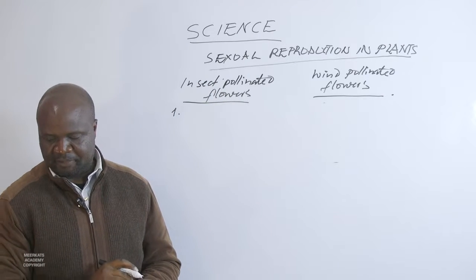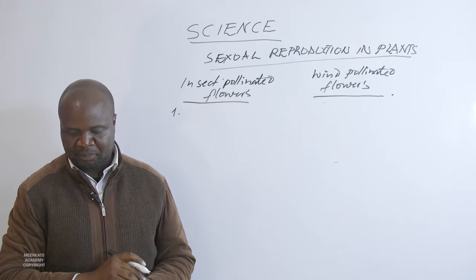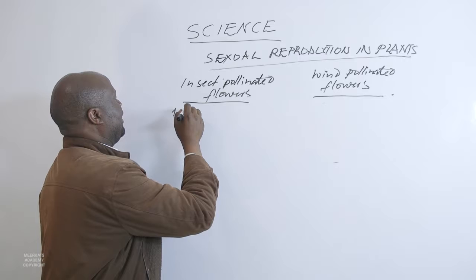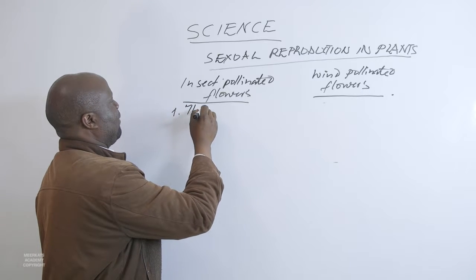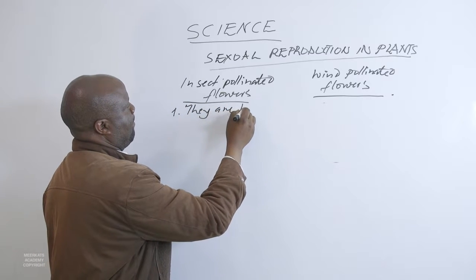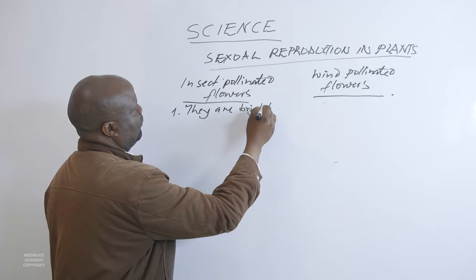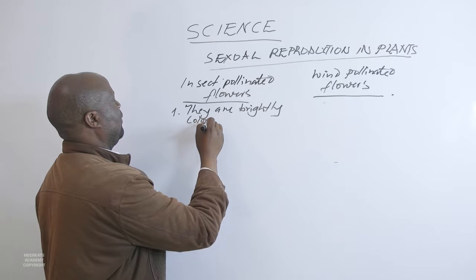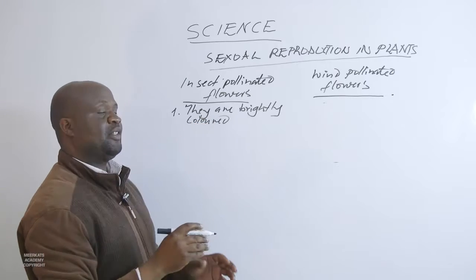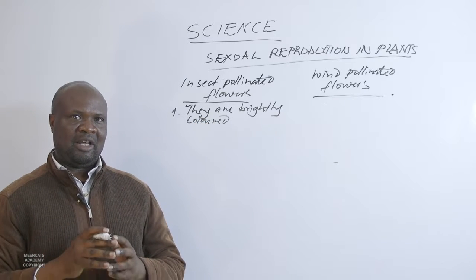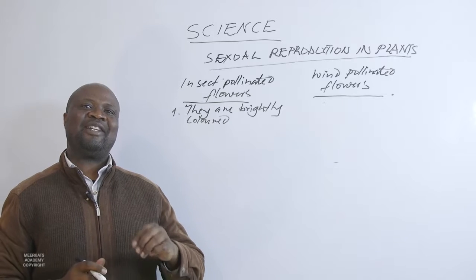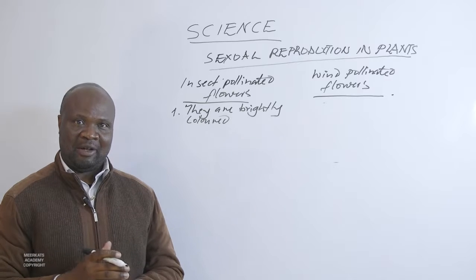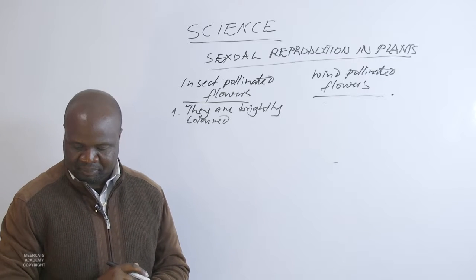We want to see the characteristics. One, insect pollinated flowers are brightly colored. So you find such flowers are bright, to the extent that the insect can see them from far and get attracted to the bright color.